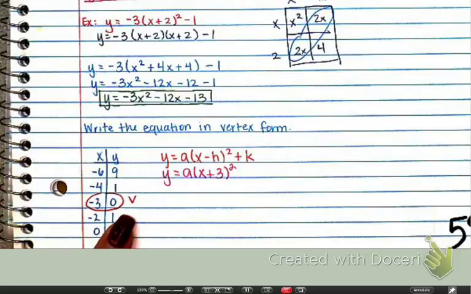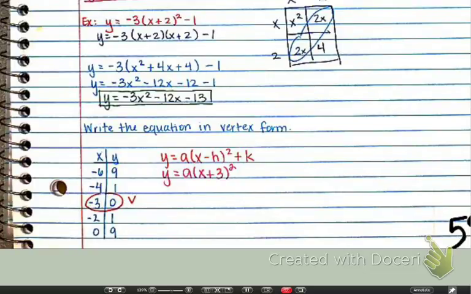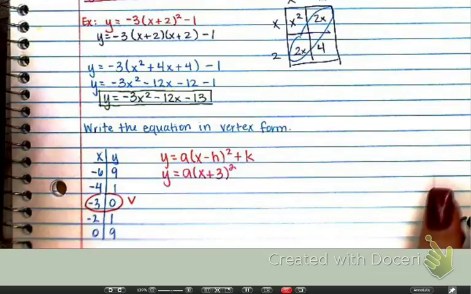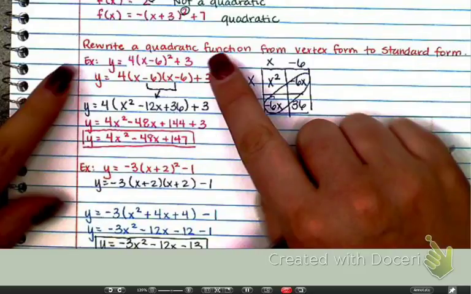Do I need to add a +0 at the end? No. Now, I still need to solve. I'm going to go back for 1 second. When we're writing our equations, everything is filled in except what for vertex form? X and Y. So look here.